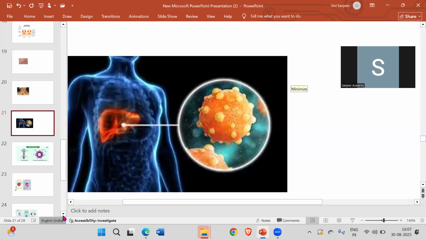This is hepatitis B. The hepatitis B virus usually infects your what? The liver, right? Because of the liver infection, the rest of the functions associated with the liver will slowly get inflamed, or start slowing down.